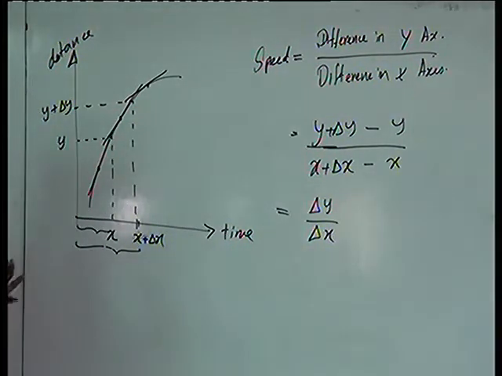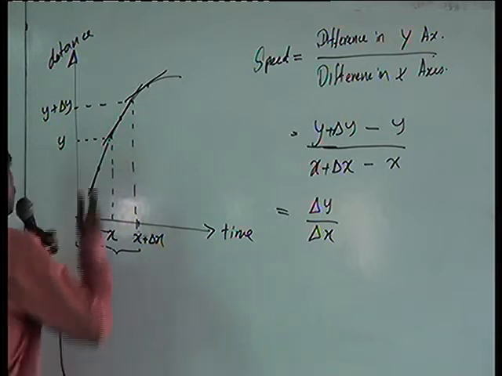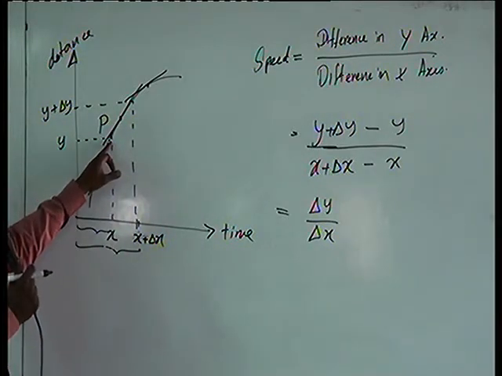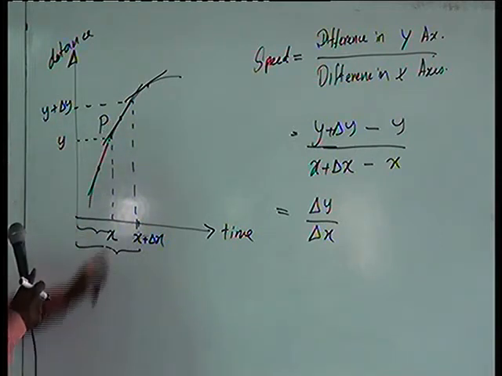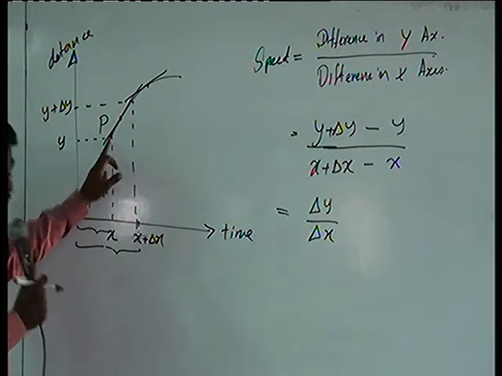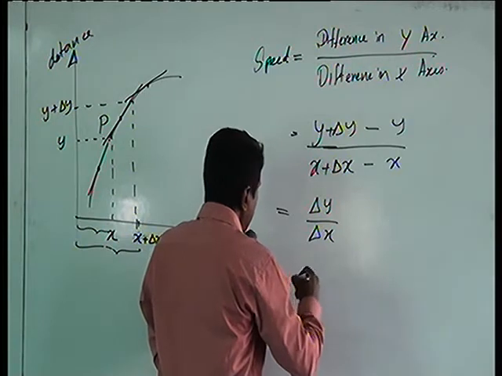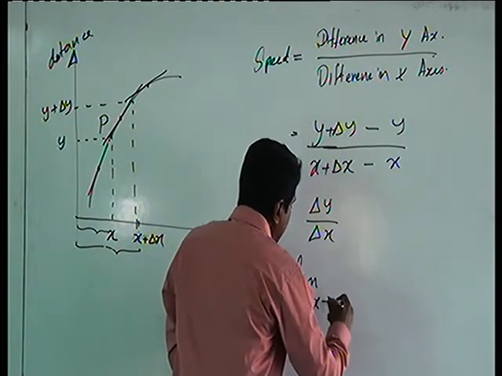But we need to calculate the speed at this particular point. Say this point is P. We need to calculate the speed at P. It's continuously changing. Therefore, we apply the limit. Delta x goes to 0.